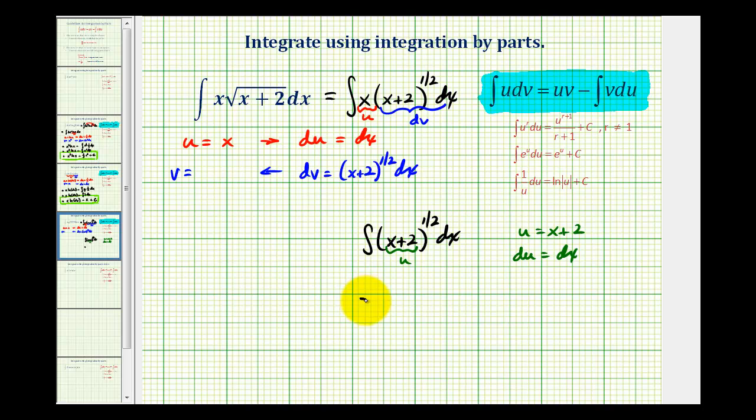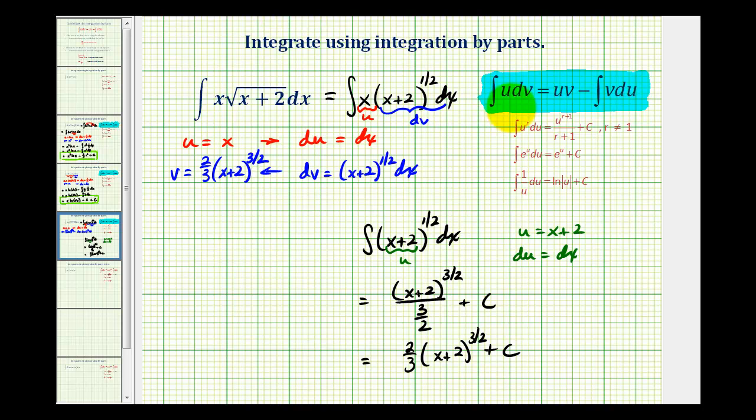So the antiderivative would be u to the 3/2 divided by 3/2, or the quantity x plus 2 to the 3/2 divided by 3/2 plus c, which is the same as 2/3 times the quantity x plus 2 to the 3/2 plus c. But of course for v, we'll leave the c off until the very end. So v is equal to 2/3 times the quantity x plus 2 to the 3/2.